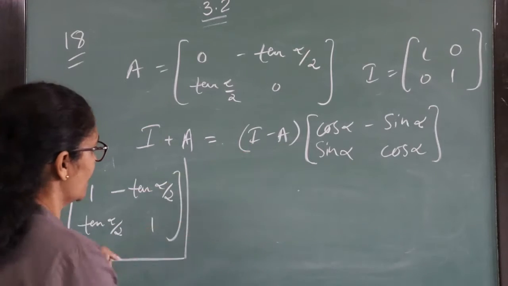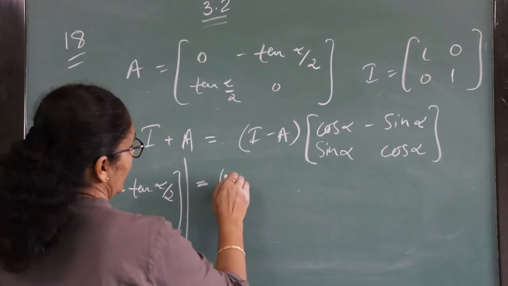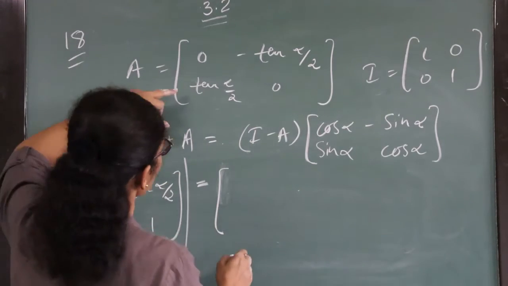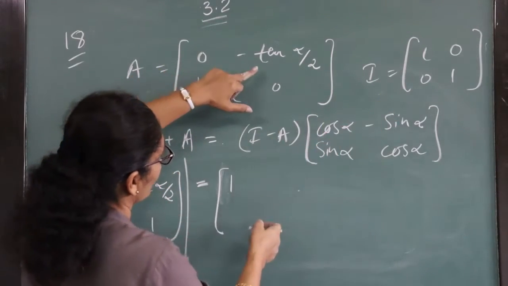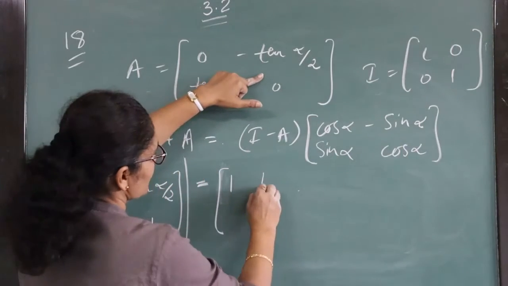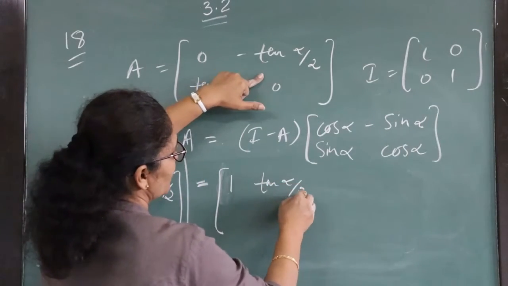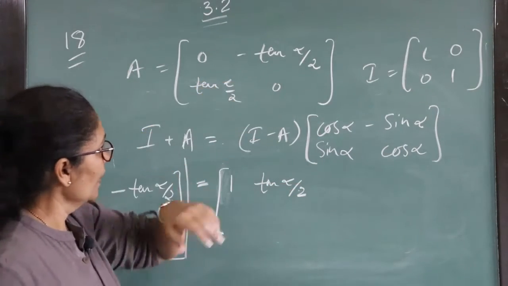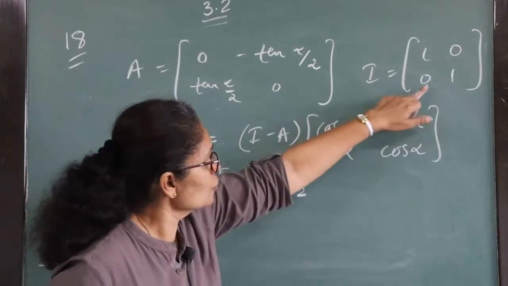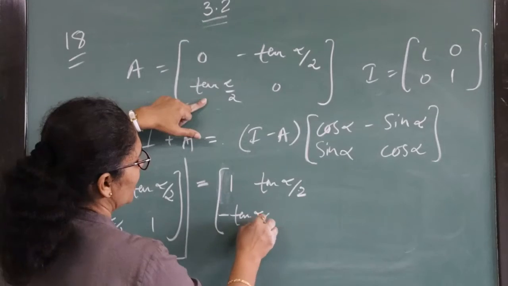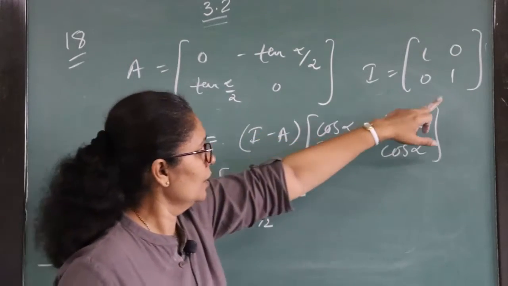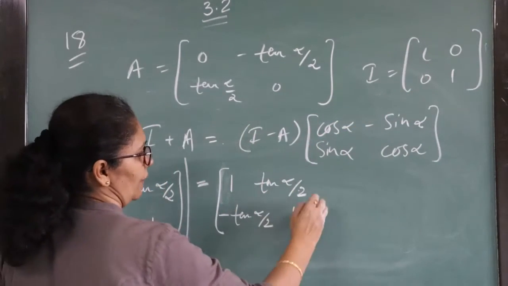Now I minus A: I means 1 0 0 1, 1 minus 0 is 1 only, 0 minus minus tan alpha by 2, so the sign will change, plus tan alpha by 2. Then 0 minus tan alpha by 2, so minus tan alpha by 2, and last 1 minus 0 is 1.